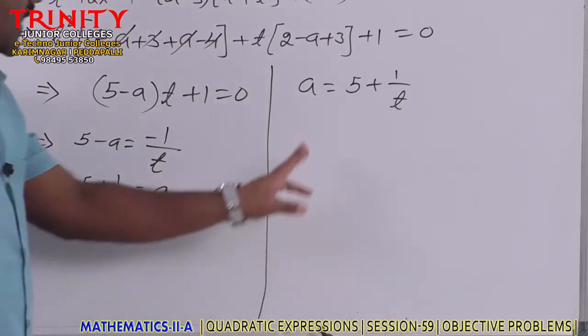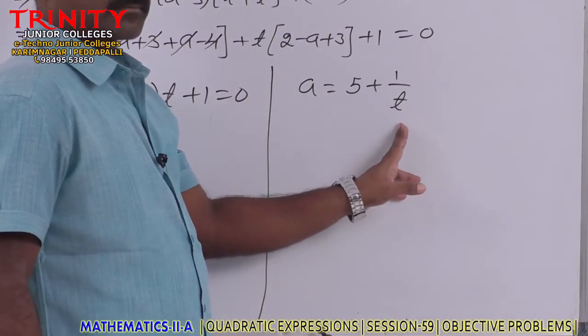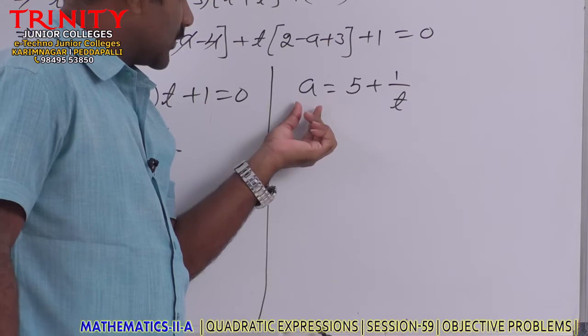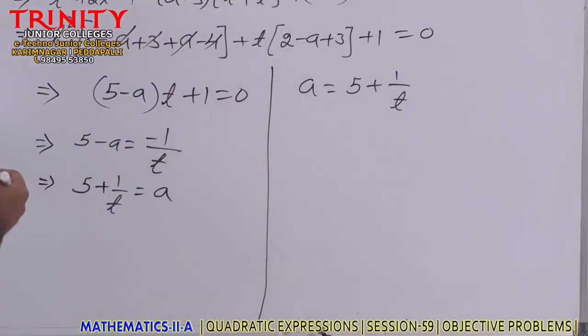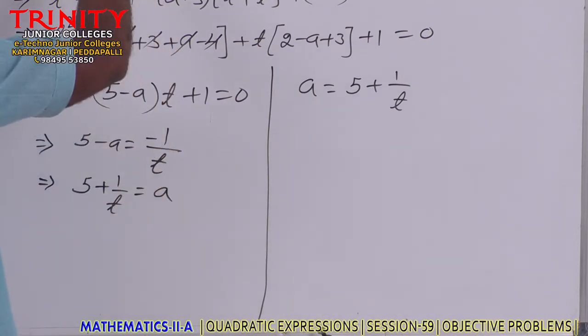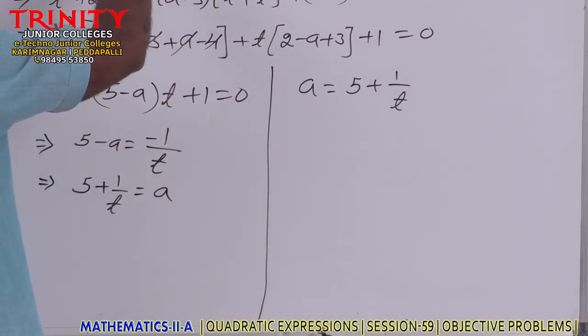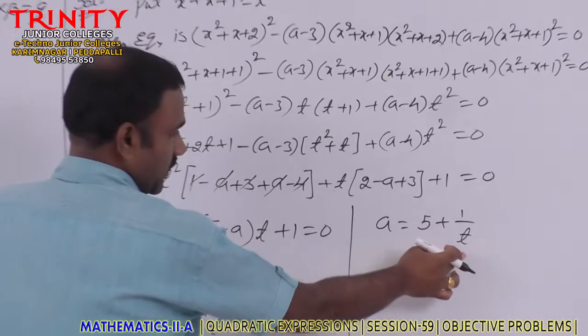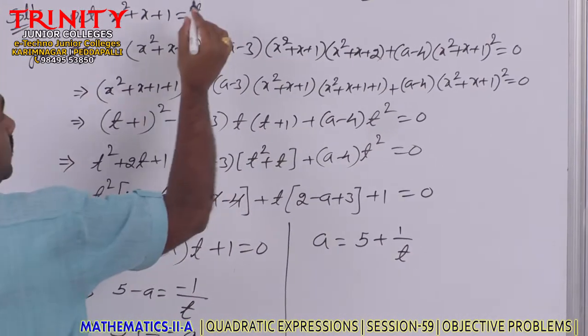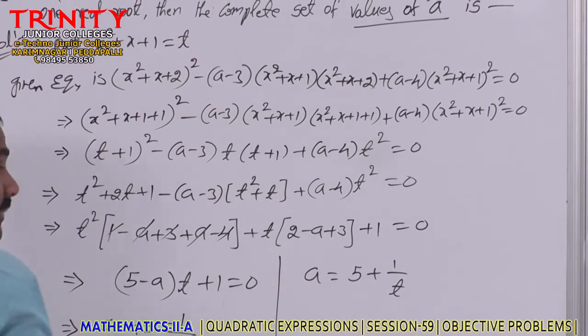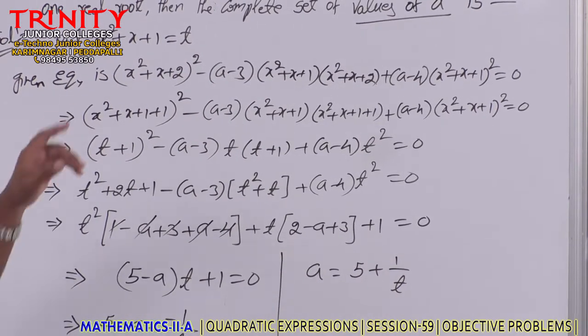If we get the values of t, then we'll get the values of a. Then how will we get the value of t? See, we considered x square plus x plus 1 is equal to t, where t is nothing but x square plus x plus 1. Therefore, what are its maximum and minimum values? What is its range?